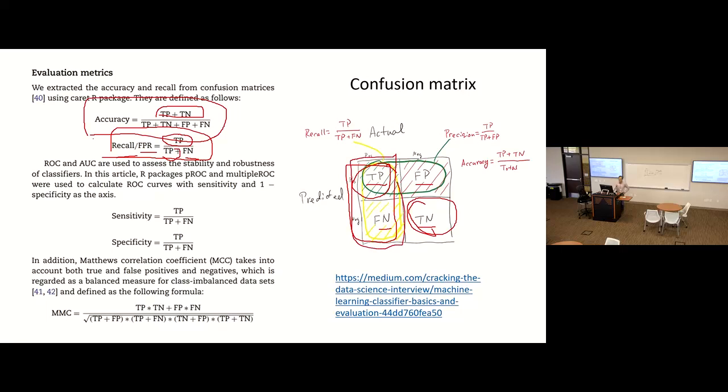Sensitivity and specificity all have their definitions from this. So those are the numbers you want to consider when you report how good or how bad your model is, using those numbers to give people the impression.